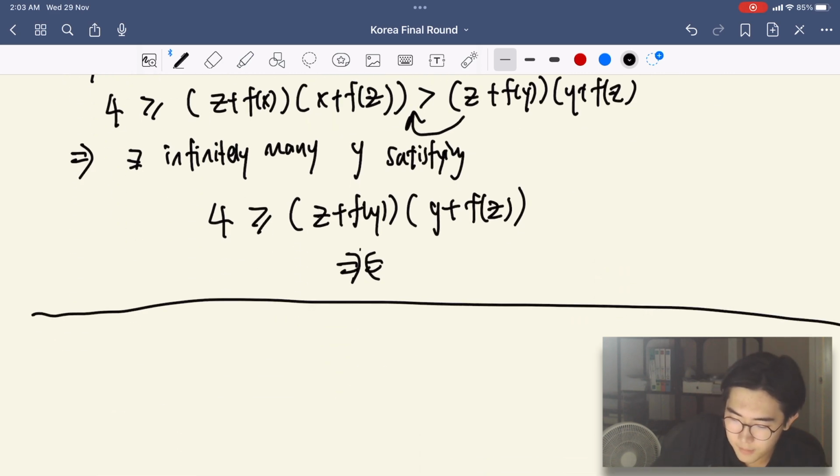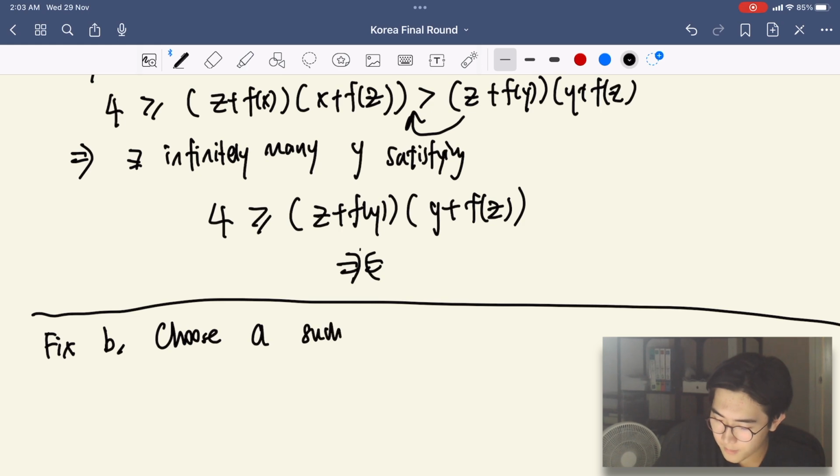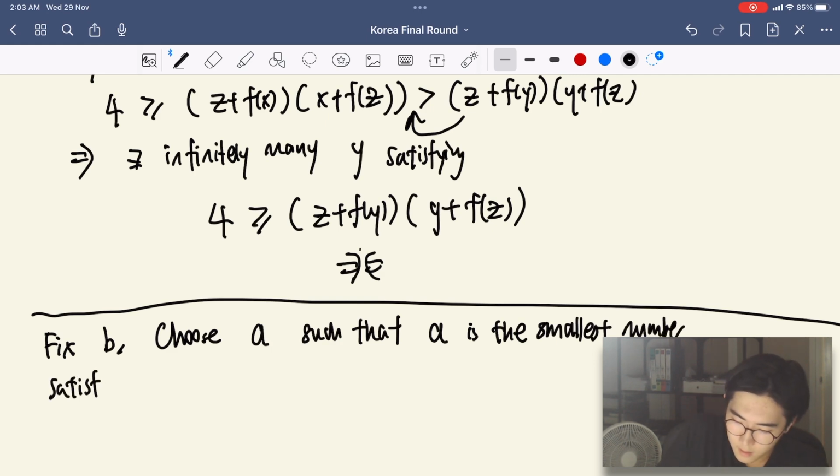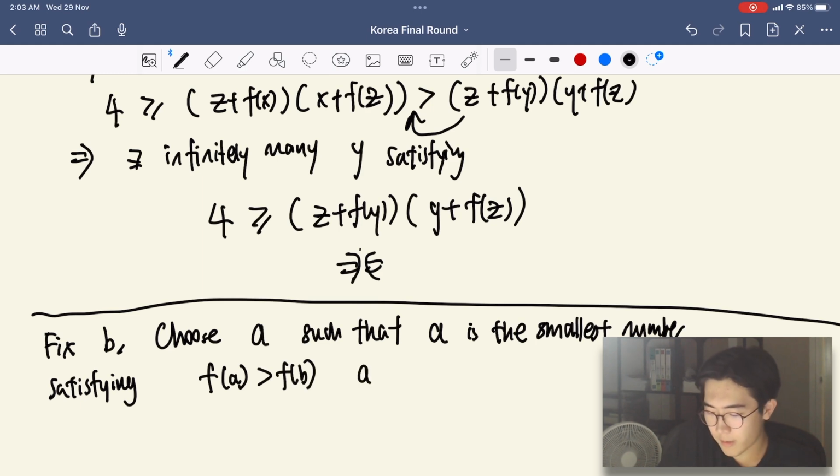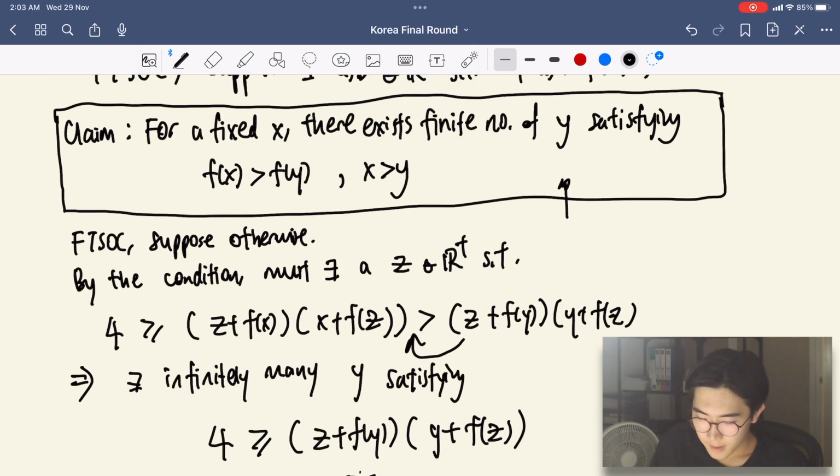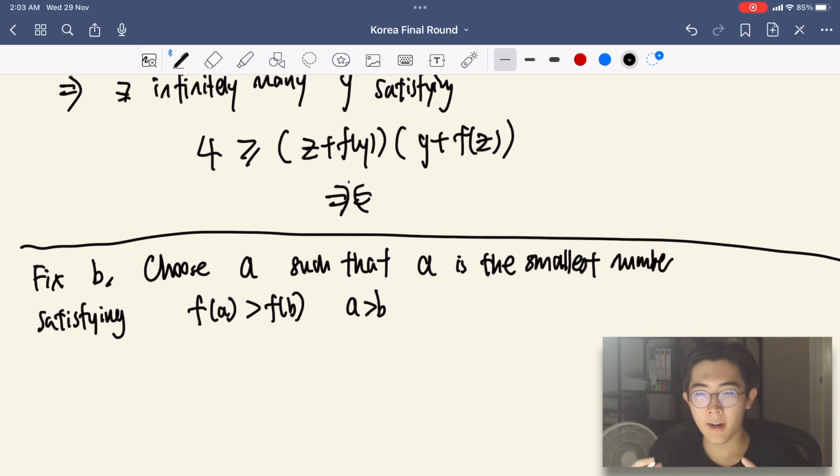So firstly we fix B, then choose A such that A is the smallest number satisfying f(A) larger than f(B) and A larger than B. This means that there does not exist another number c, for example, in between A and B, such that f(c) is larger than f(B) and c is larger than B.